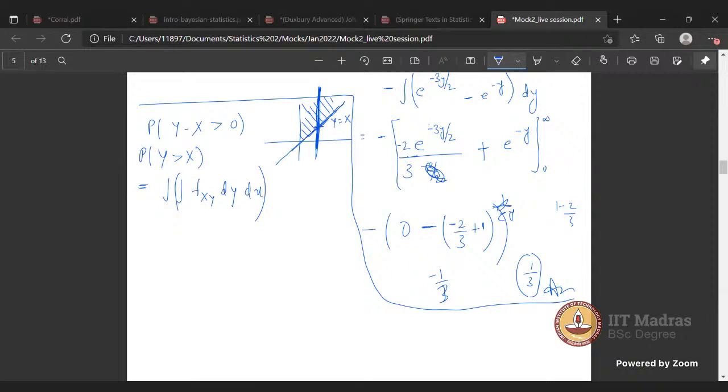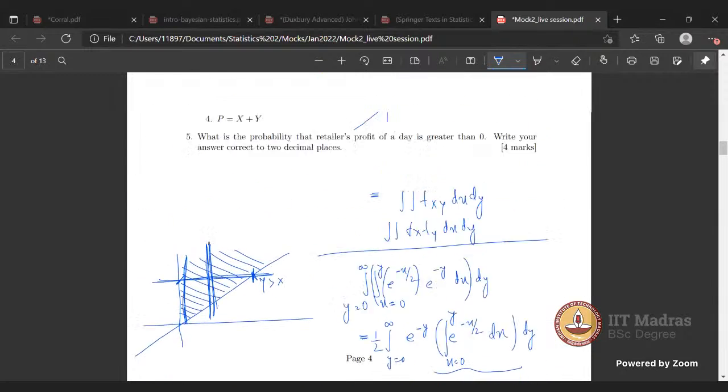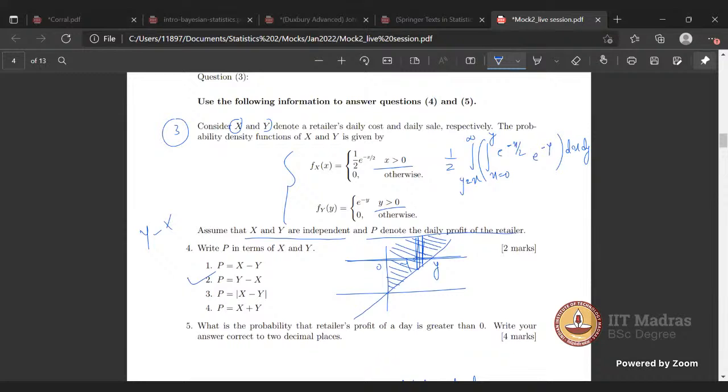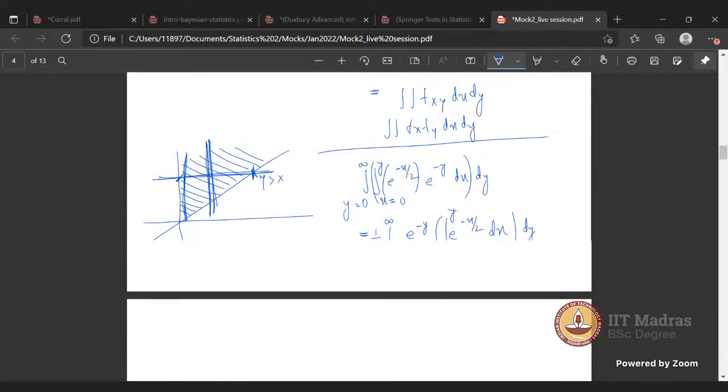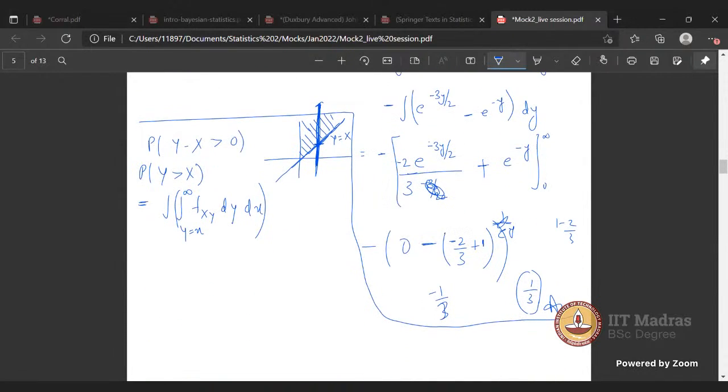The strip touches this curve, and y is varying from x and goes till infinity. Correct. Why it goes till infinity is because you look at fx and fy: x is greater than 0 and y is greater than 0. There is no other bound. So y is varying from x to infinity.